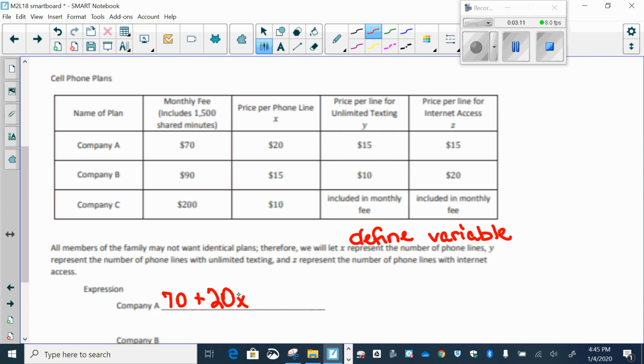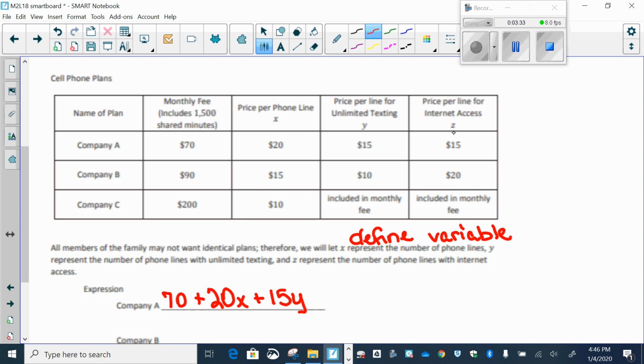So it's $20 for every phone line. Then the price per line for unlimited texting is $15 for everybody that's going to have unlimited texting. So think about that. If you have a phone and you want unlimited texting, that's $35 just for your phone.